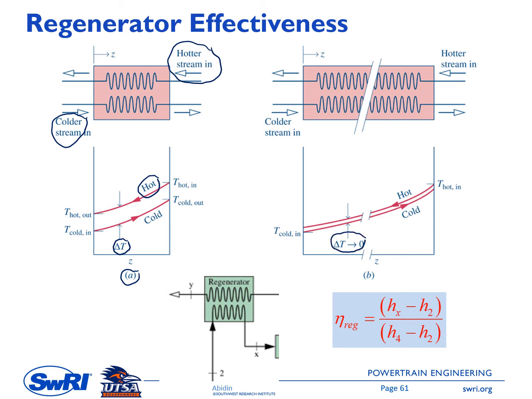This means at the exit here, the temperature of the cold stream equal to the temperature of the hot stream at the inlet. So it means here at the inlet the T hot equal to T4, okay, at the inlet, and then at the exit of the cold stream side, T cold equal to Tx.